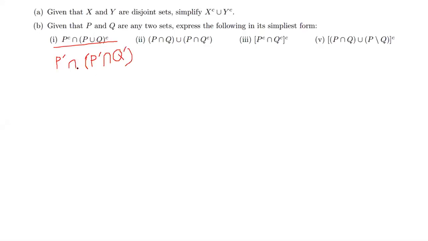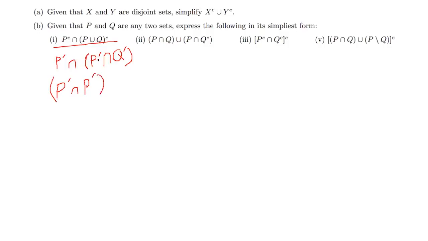So what's next now? We distribute the P intersection. So P intersection P, we write it here. We're using the distributive law. P intersection P, they all have complements.